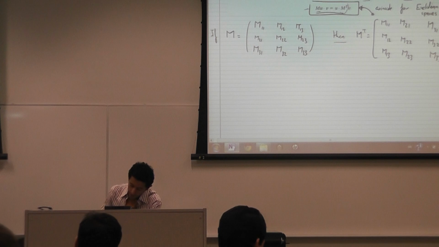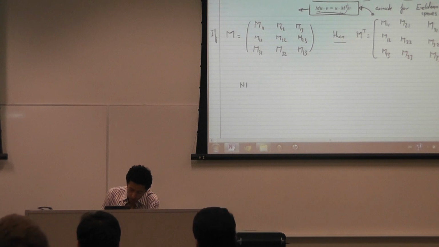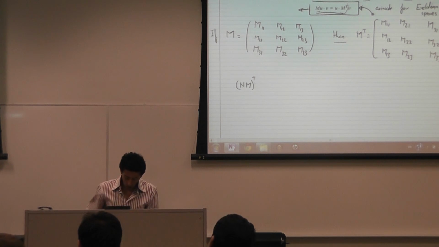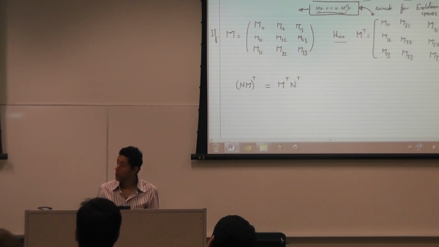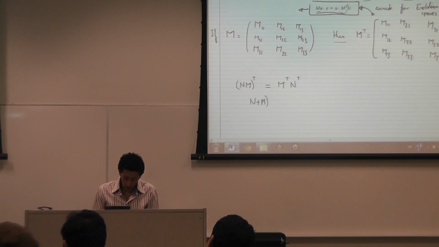A few results from this definition right away. What's the transpose of those two matrices? You'll find the transpose of the product is equal to M transpose, N transpose. The transpose of two matrices added to each other is equal to N transpose plus M transpose.